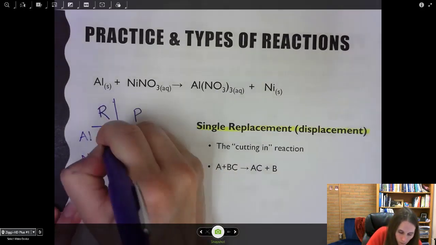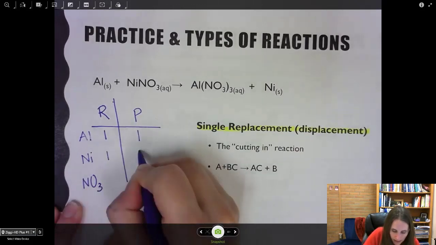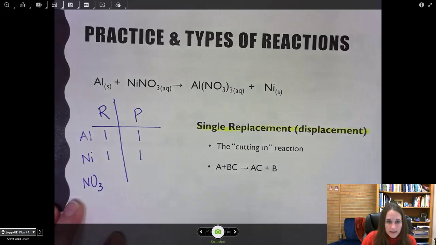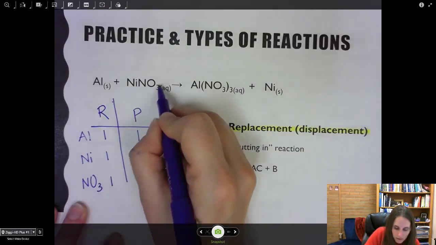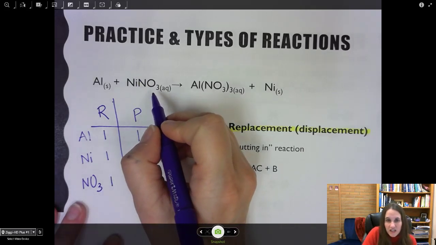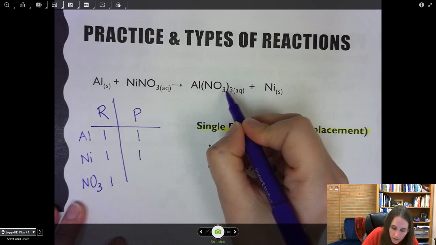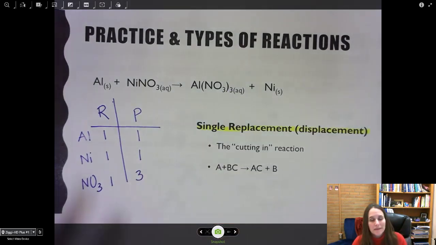So I have 1 aluminum atom on my reactant side and 1 on my product. I have 1 nickel and 1 nickel. Nice, we're doing great. I have 1 nitrate right here. Again, I'm going with the whole thing. I'm treating the whole thing as a single particle because it is actually kind of what it is. And over here, I have 3. So my reaction isn't balanced yet.